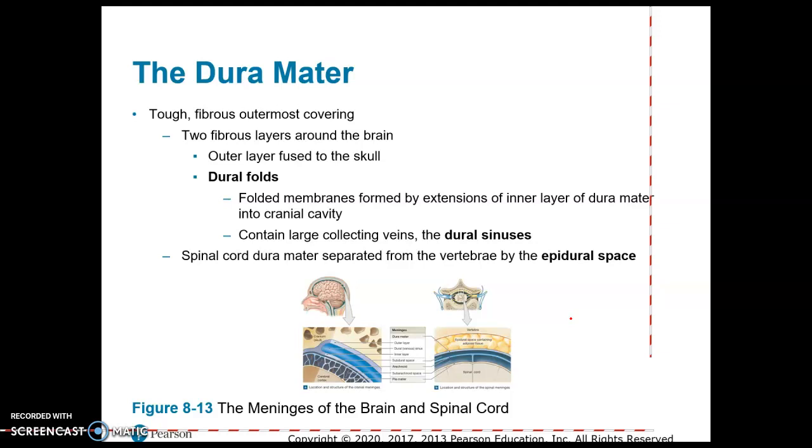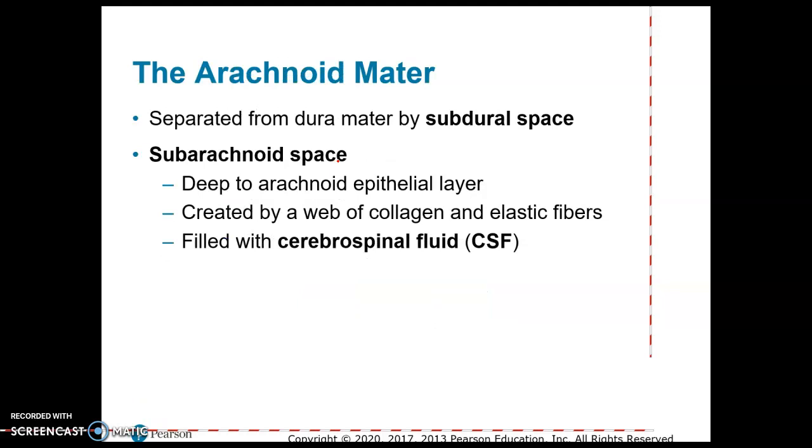So the dura mater is the tough outermost covering. The cerebrospinal fluid, you need to know this, is found in the subarachnoid space.